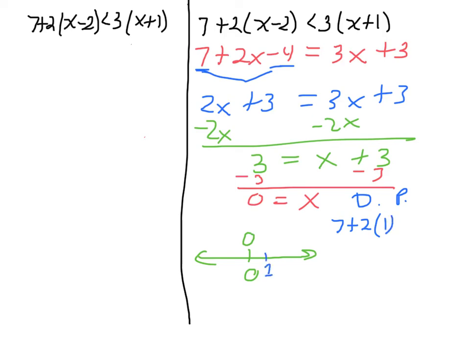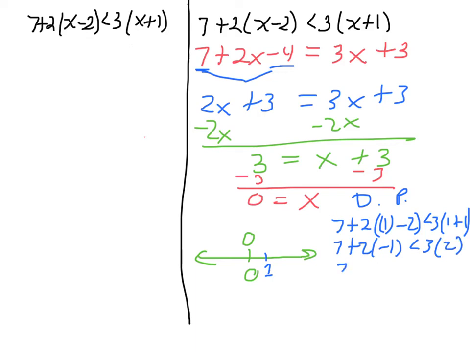1 minus 2 is less than 3, and I apologize for how small this is. I'm going to say it out loud so you guys can write it. So this on the right-hand side here, this is 3 times 1 plus 1. All right, so you'll see when I simplify it, it works out. So this is 7 plus 2 times negative 1 is less than 3 times 2.